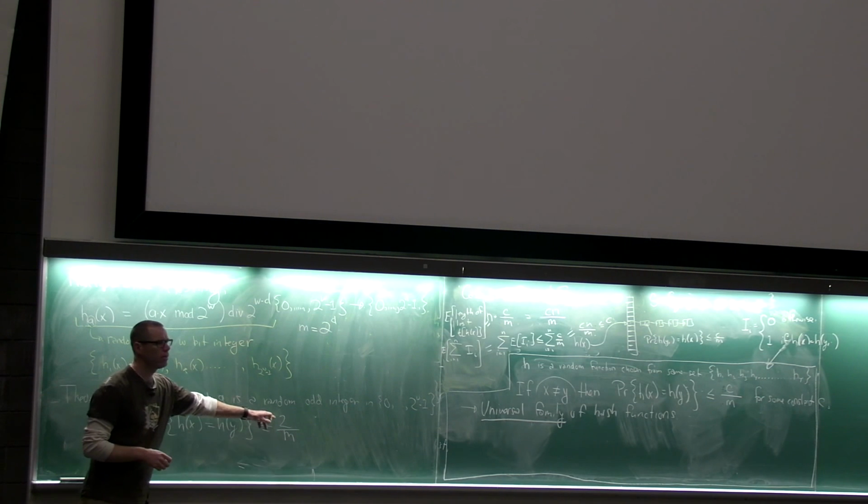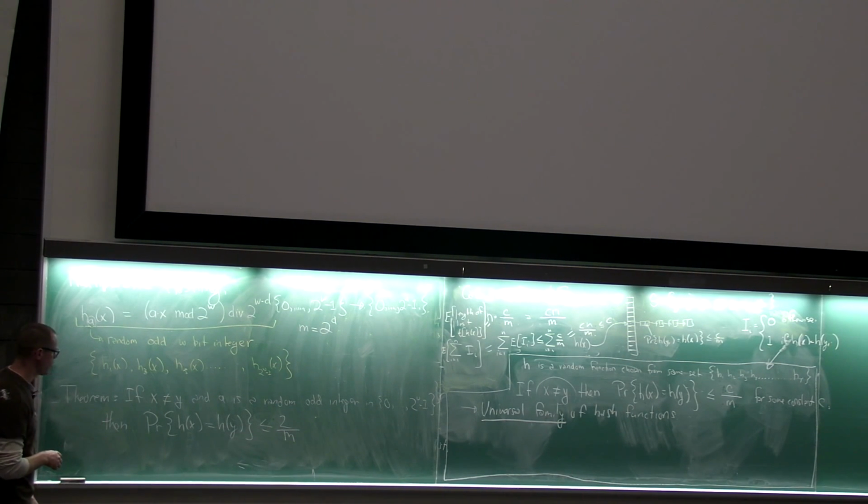So 2 is a constant, so it's 2 divided by m. That's the c from the definition of universal.